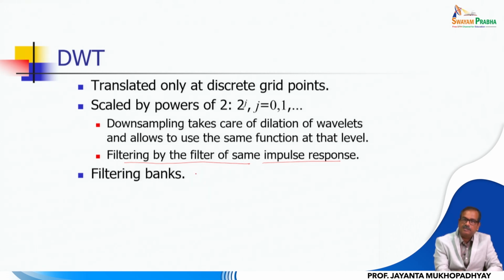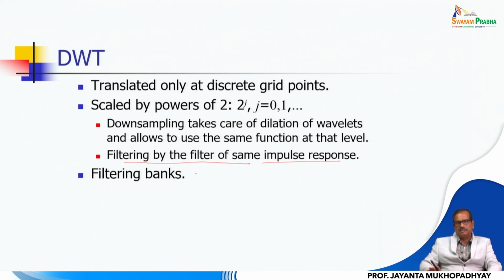Now this concept particularly, because you are using the same filter repeatedly at different resolutions or downsampled representations of the signal, is effectively used in various kinds of transformations. So we also consider it a kind of filter bank.